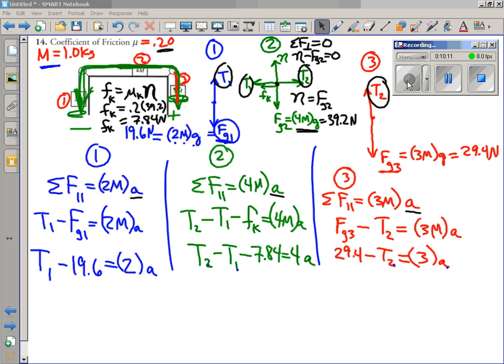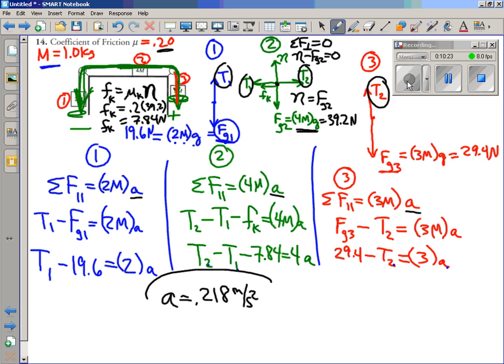When I solve for this system of equations, I will get for my acceleration to equal 0.218 meters per second squared. And that's the acceleration of this whole thing. So this whole thing is going to be accelerating to the right at a rate of 0.218 meters per second squared.